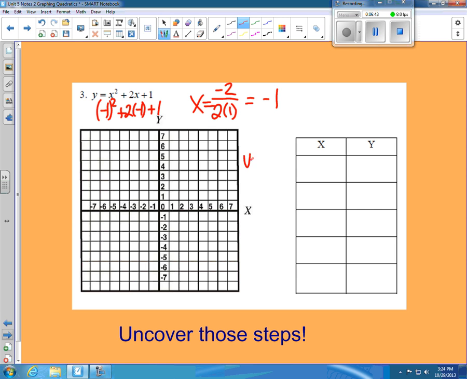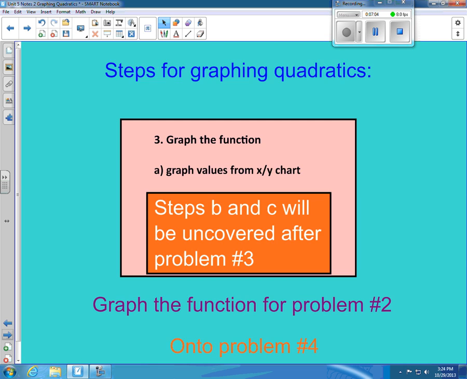So our vertex, doing those calculations, we get -1, 0. This is the middle of our table. I'm going to have you finish that for tomorrow and make sure that you are checking, is our graph supposed to open up or open down? So pause the video and then let's go to uncover those steps.